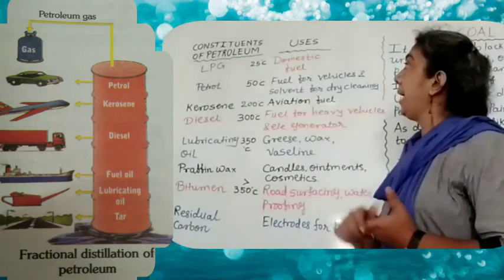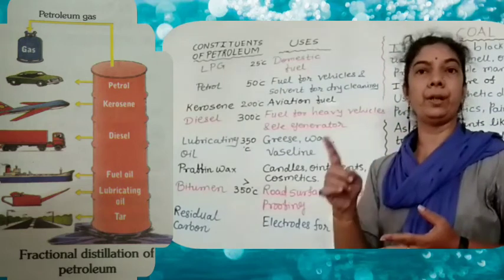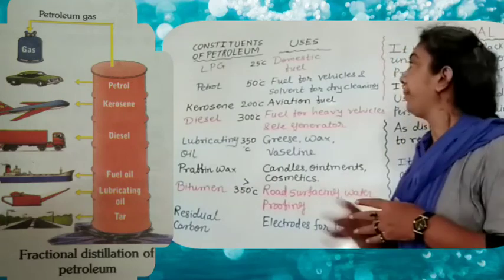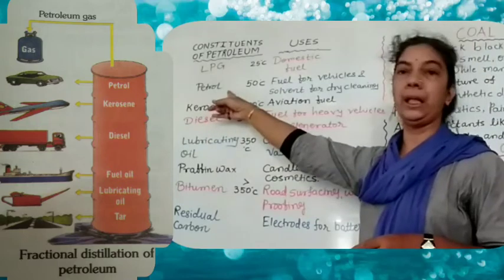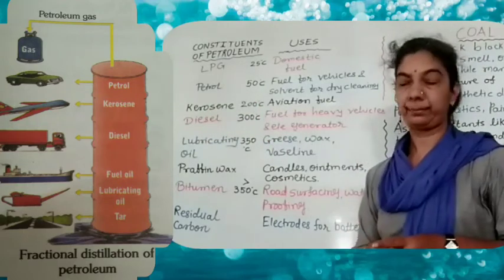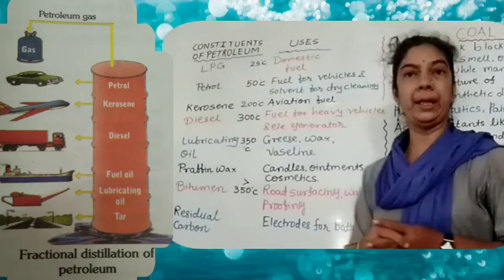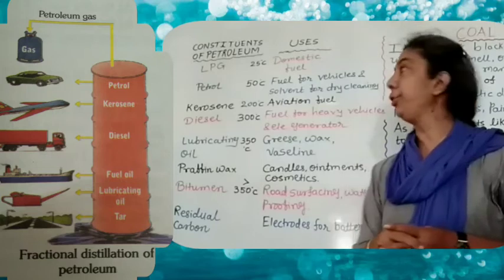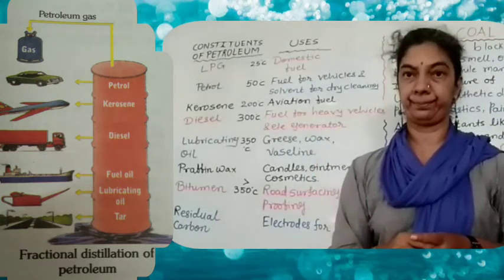At a higher temperature than that, actually between 30 degrees to 120 degrees Celsius, but approximately between 50 degrees to 100 degrees Celsius, we are obtaining petrol. This petrol is used as fuel in different vehicles, as well as it is used as a solvent for dry cleaning.